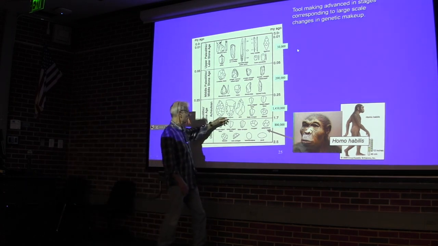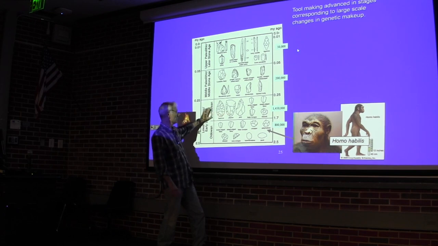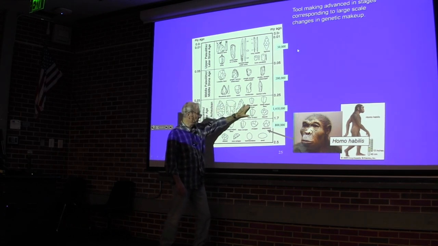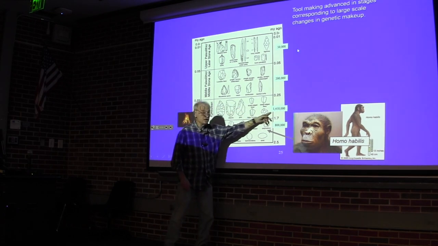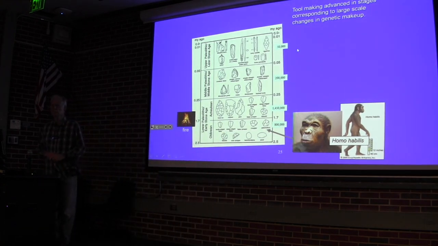How about here from 1.8 to 250,000 years ago, you have this little bit more advanced, but for 1 million years, that's it? That's all we could do? Were we just stupid? Yep, we were. We were just stupid.